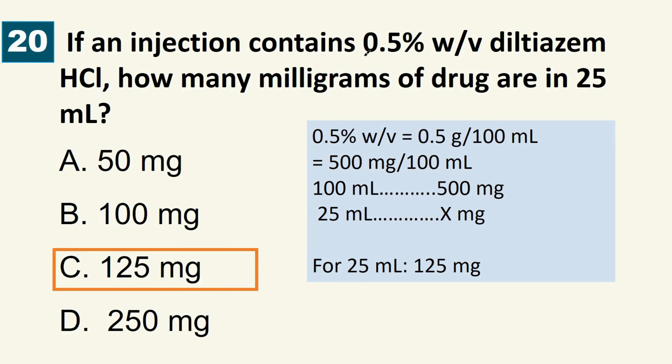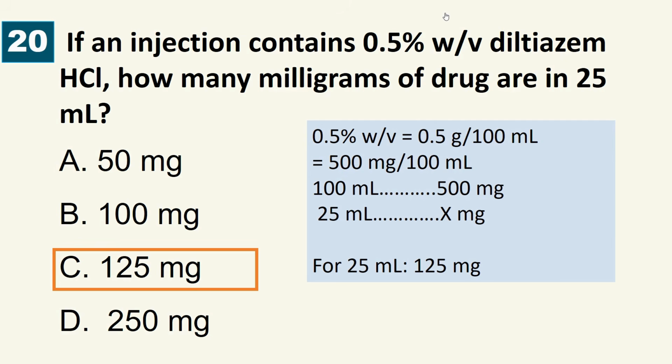The question says 0.5% weight by volume. That means 0.5 grams in 100 mL. The question is asking how much is in 25 mL. So 100 mL has 500 milligrams, because 0.5 gram equals 500 milligrams. 100 mL contains 500 milligrams; 25 mL contains how many?